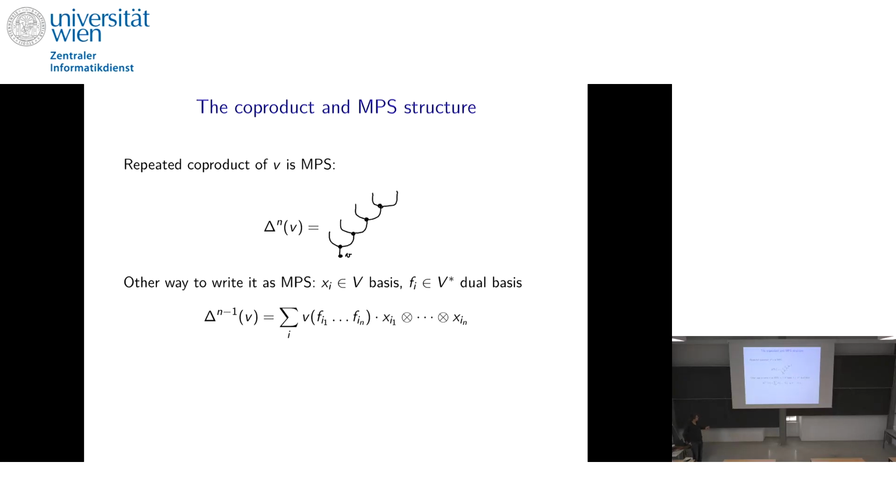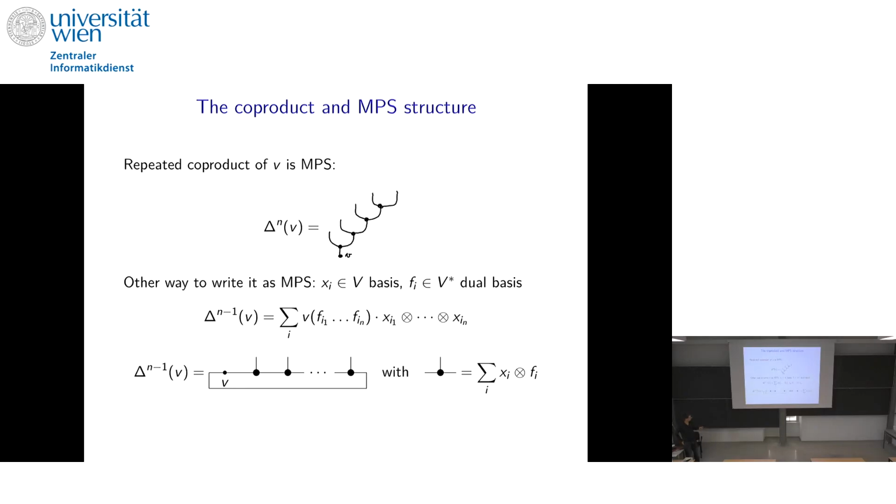Okay, so if you look at this formula, maybe you see already that this is an MPS. Indeed, you can write it as an MPS where the MPS tensor is simply the identity. So this x_i corresponds to the physical index, and the f_i form an algebra. You can just take an explicit representation of it. So those are matrices. This f_i has two indices actually, one left and one right.